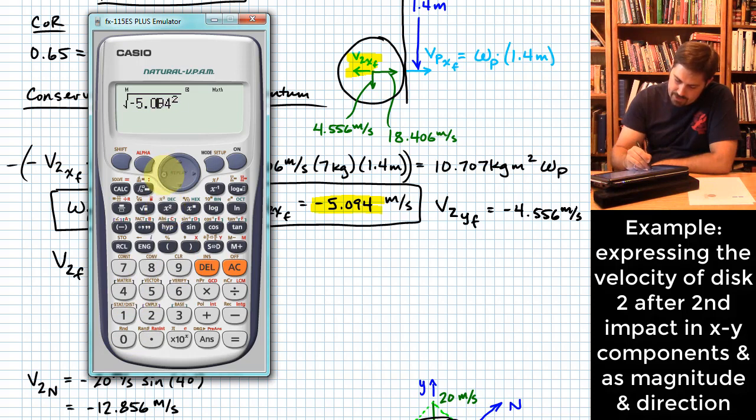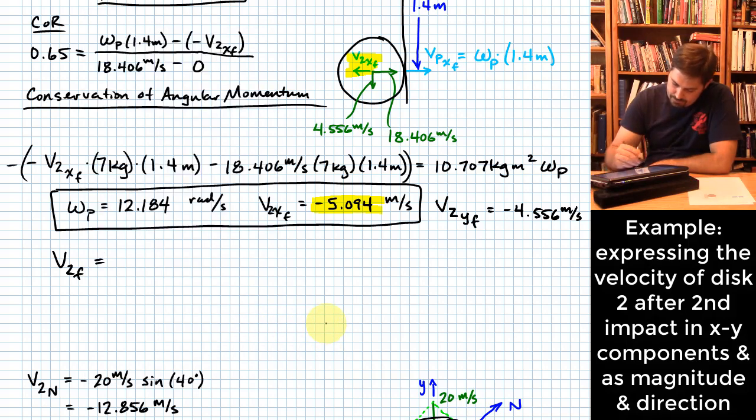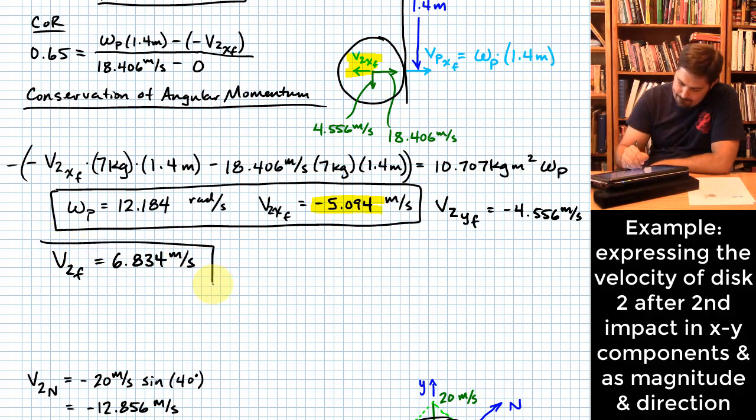Oops, better not leave that negative in there without parentheses, because it's not going to handle that correctly, plus 4.556 squared. That gives me 6.834 meters per second as my magnitude.